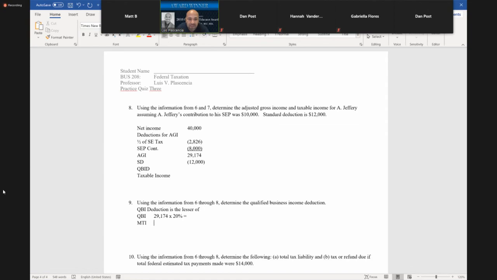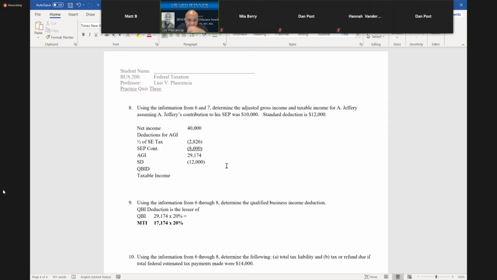Again, I'm taking my adjusted gross income minus my standard deduction. What does that give me? 17,174. That number is lower than the 29,174, right? So that's my qualified business income deduction. It's going to be based on the second number. Keep that in mind. Think of that as a shortcut way. If all they have is self-employment activity and they don't have salaries, then it's going to be 20% of the modified taxable income. If they have salary and other sources of income, then you have to walk through this example. The QBI would be maybe less.